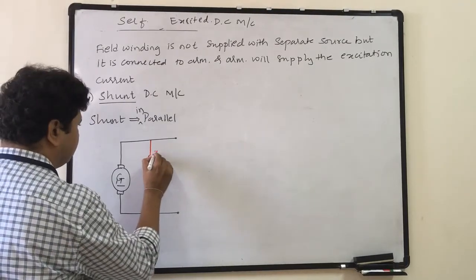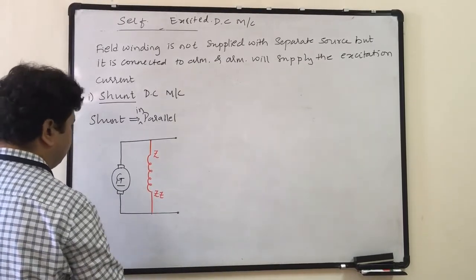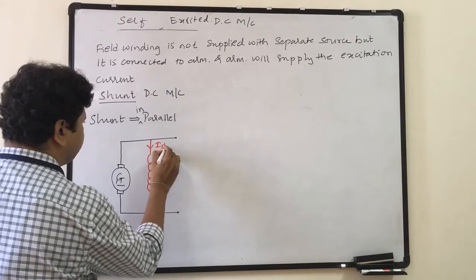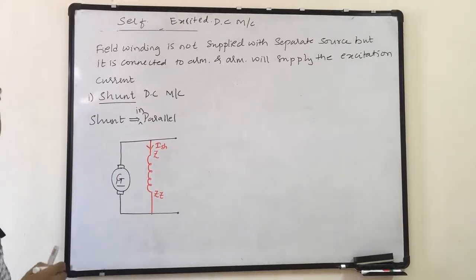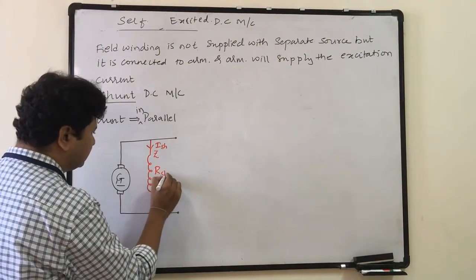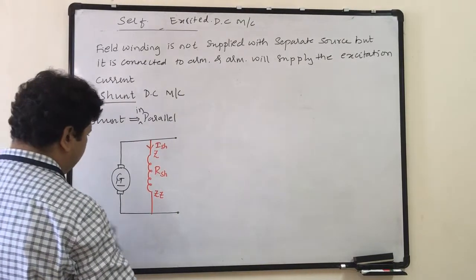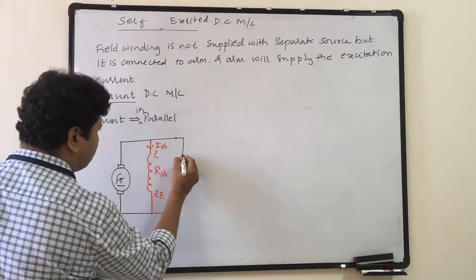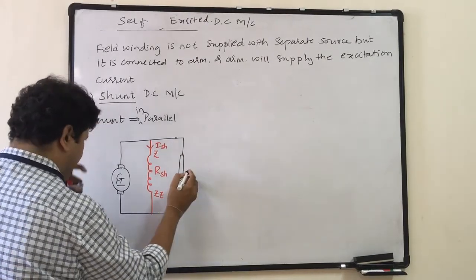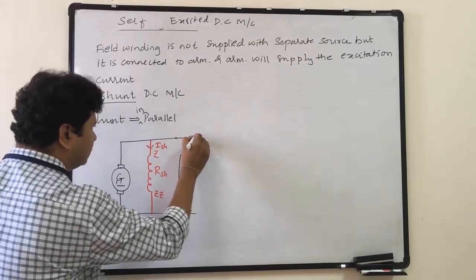This is ISH, the shunt field current. It has a large resistance RSH. And this is connected with the load. The voltage across the load is V volts.